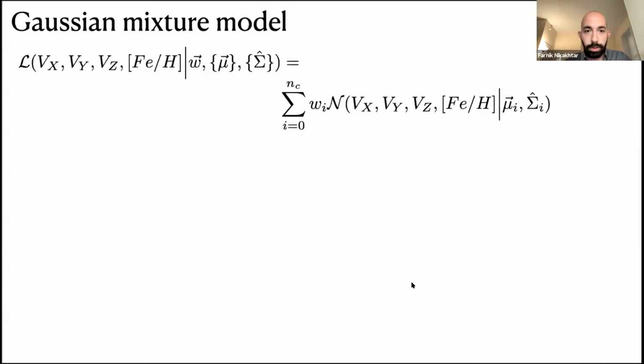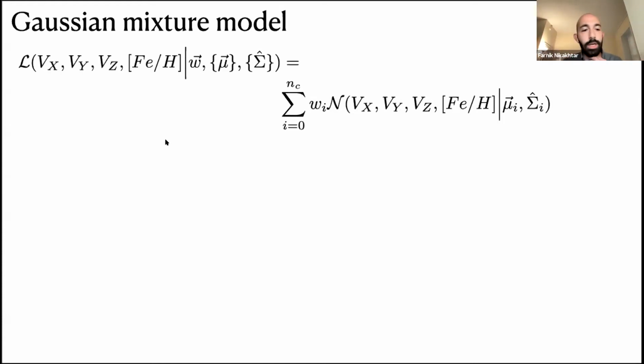For the Gaussian mixture model, we want to build our model in the space of the velocities Vx, Vy, Vz plus Fe over H. We want to use the Cartesian coordinates, not the cylindrical, for the 3D velocities, to avoid imprinting assumptions about symmetries.